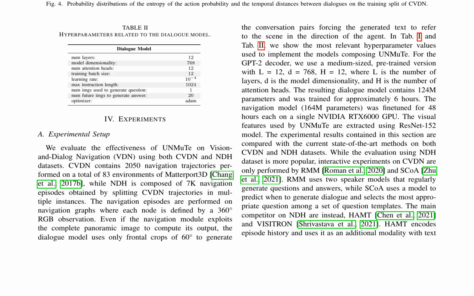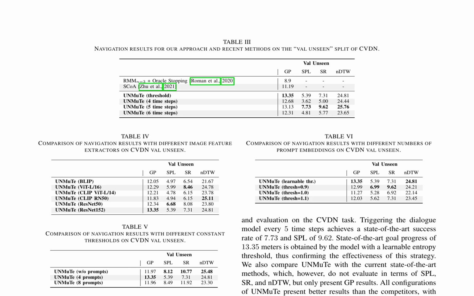The experimental results show that UNMuTe achieves state-of-the-art performance on the CVDN dataset, with a goal progress of 13.35 meters and a success rate of 7.73. The model is compared with recent methods on the CVDN and NDH datasets, including RMM, SCOA, HANT, and VISITRON.